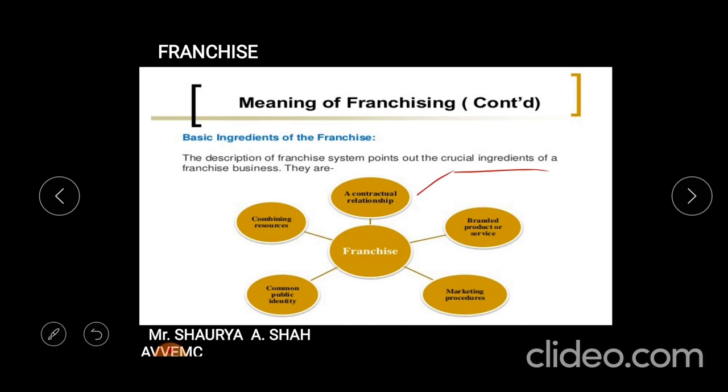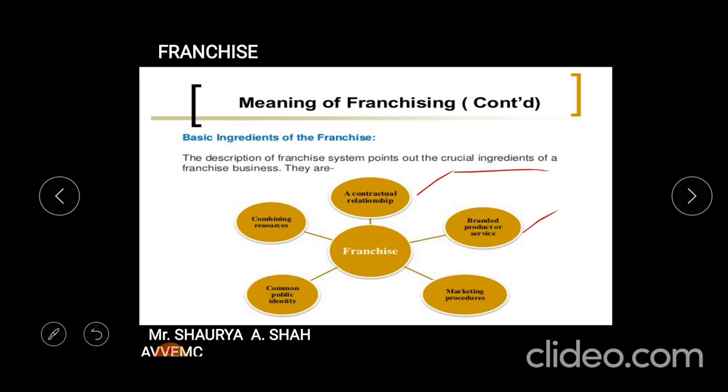Second is your branded product or service, right? The franchise is taken only for a branded product or service. So you need to work for the franchise which is already existent in the market, which is already having a consumer share in the market, then only you can have a successful profitable franchise in your name.